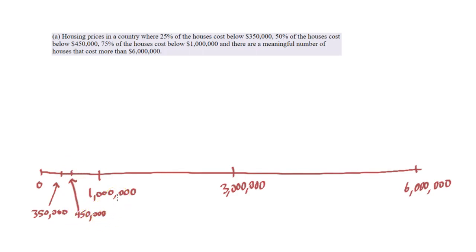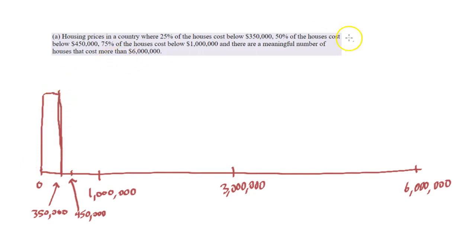Okay, so notice that 25% of the houses cost below 350,000. So 25% of all the houses are going to be down in this area. So we're going to have a lot of your data up in here. If we're building a bar graph, 25% of your values are right here.